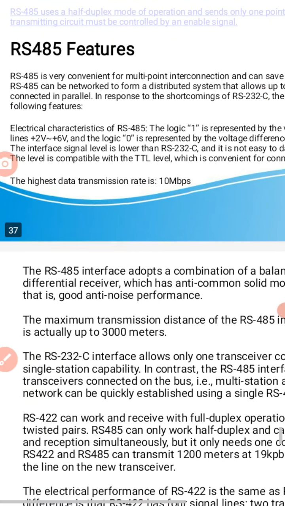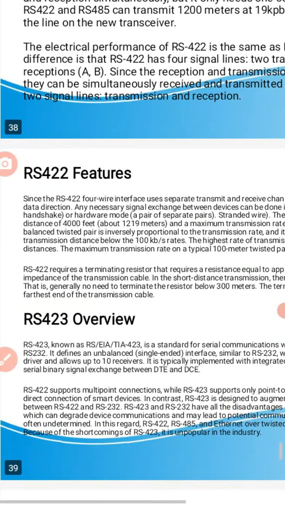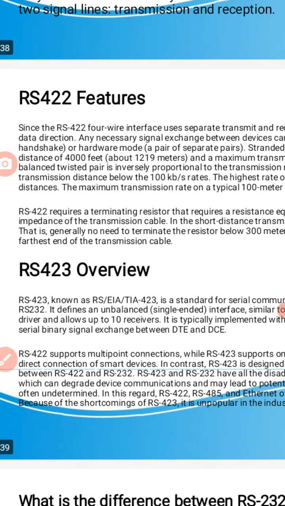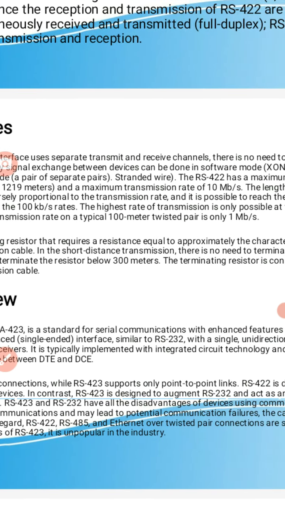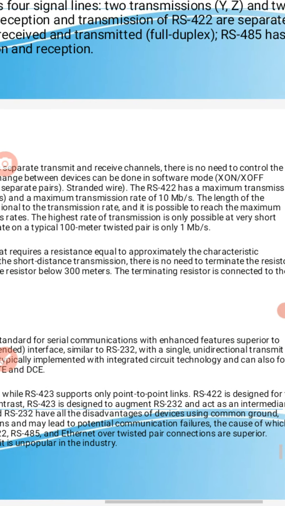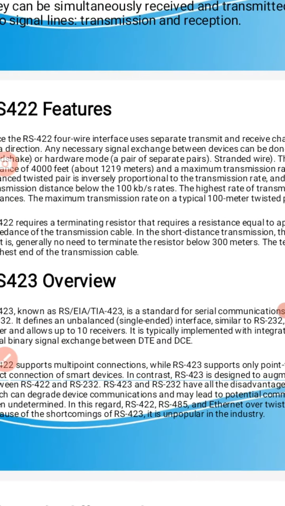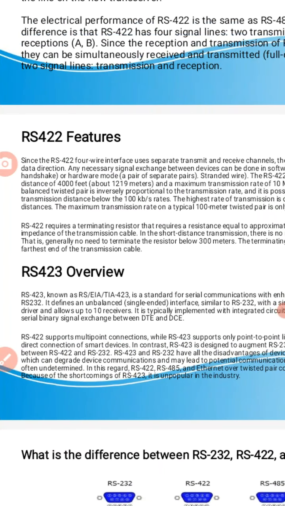Let us switch to RS422 features. Since the RS422 four-wire interface uses separate transmit and receive channels, there is no need to control the data direction.